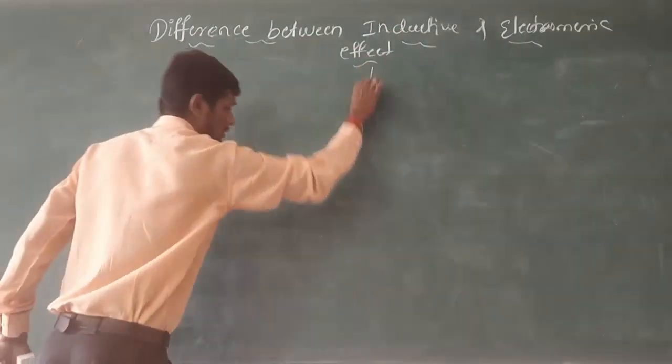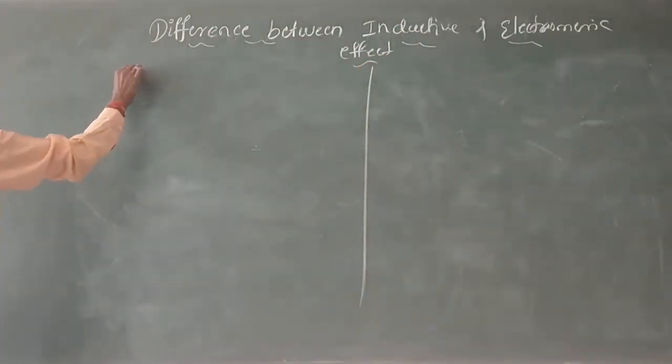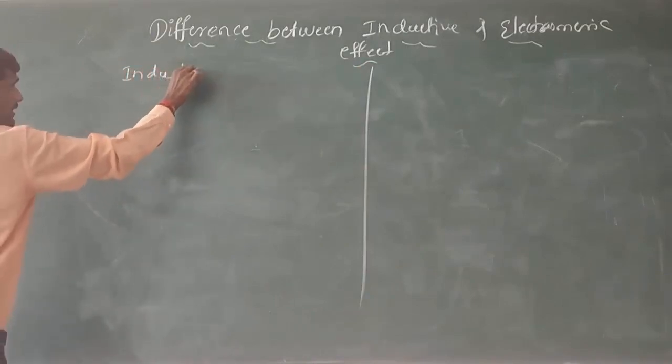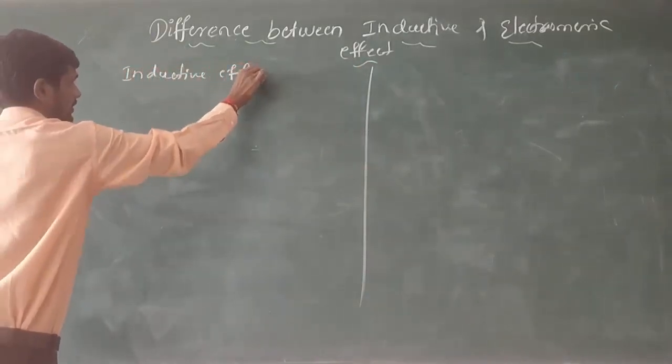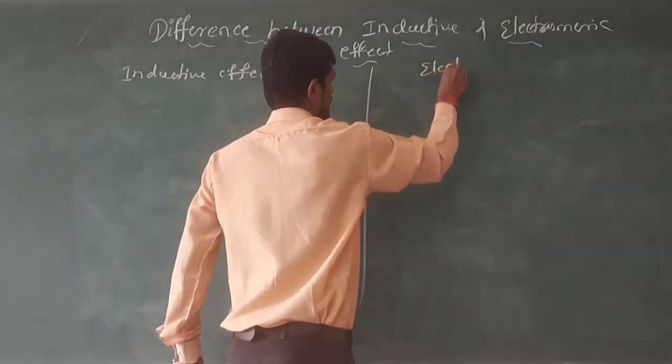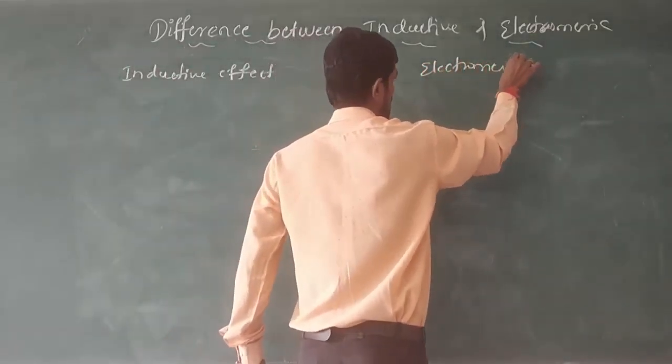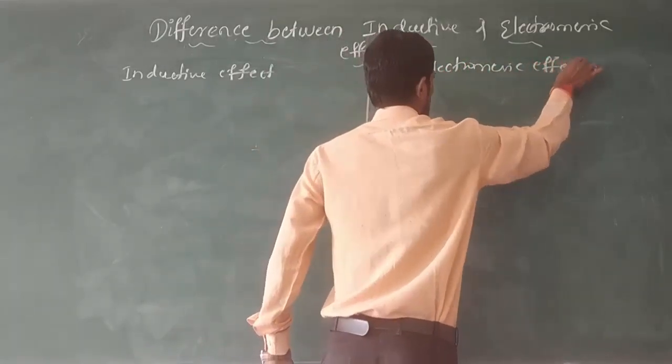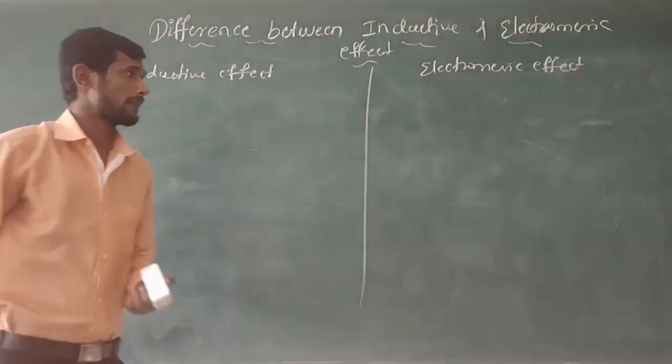Let's make two columns. On one side I take the inductive effect, and on the other side I take the electromagnetic effect.